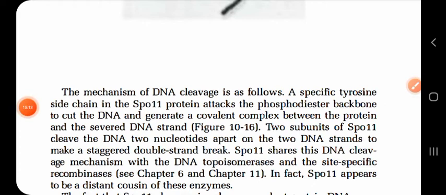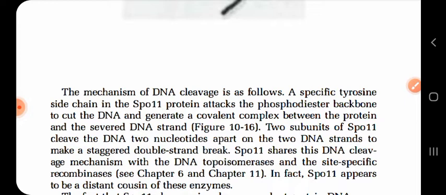Now, how does SPO11 cleave the DNA? It has no such specific sites, but it normally introduces double-stranded breaks at sites where nucleosomes are not tightly coiled.